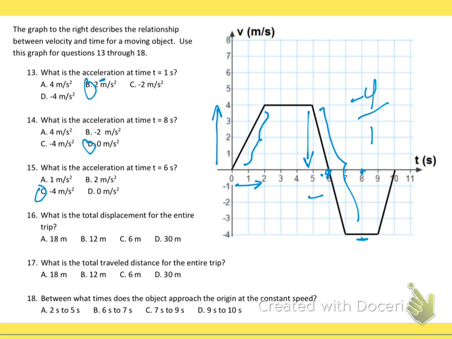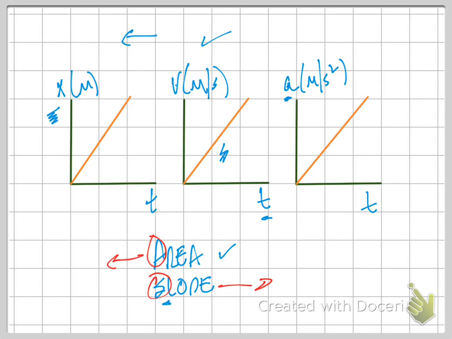Number 16, what's the total displacement? All right, so now what we need to do is find displacement off of a velocity versus time graph. Displacement off of a velocity versus time graph, we have to move to the left, which means we need to get the area.